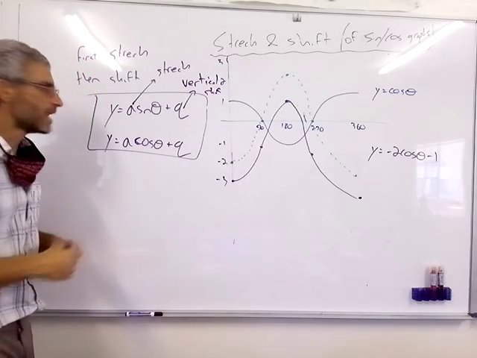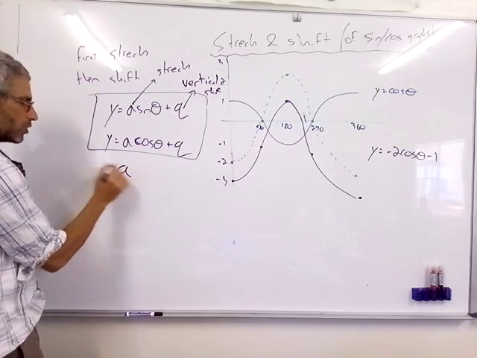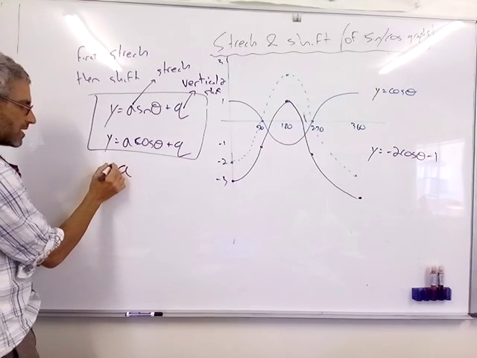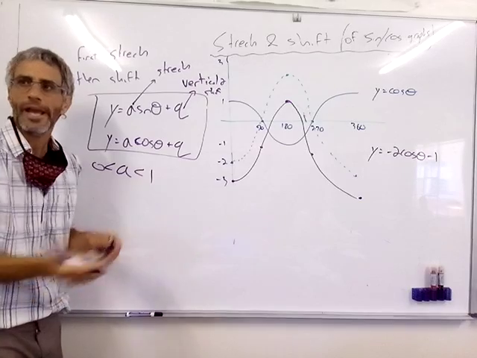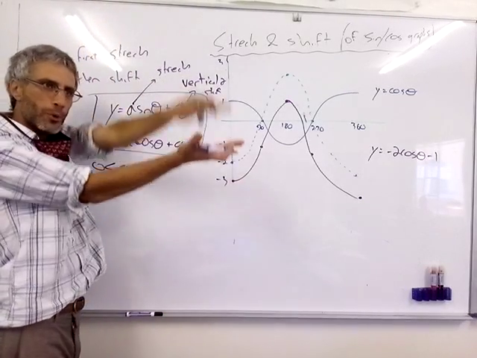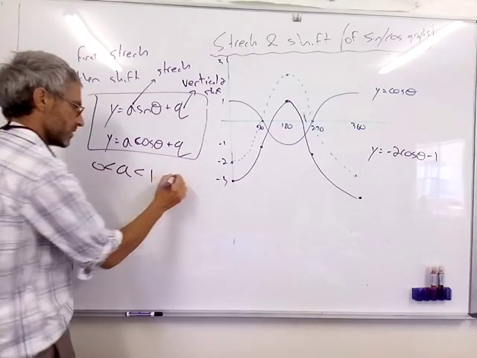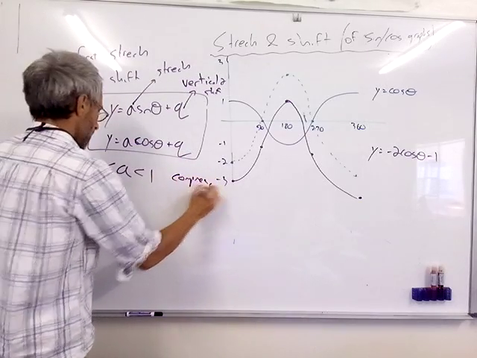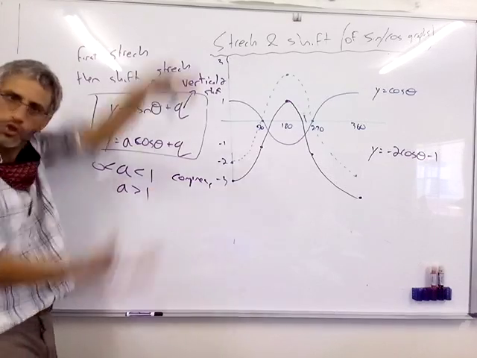Let's try a bunch of stuff. Let's say A is between 0 and 1, like A is a half. Is it going to be stretched or compressed? Compressed. If A is larger than 1, what would you say it is? Stretch.